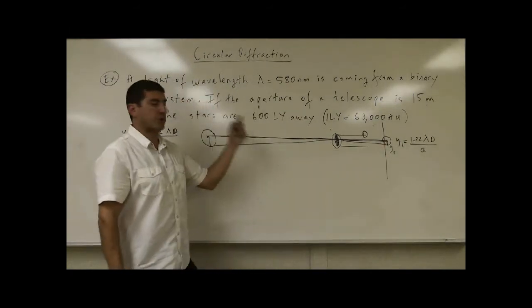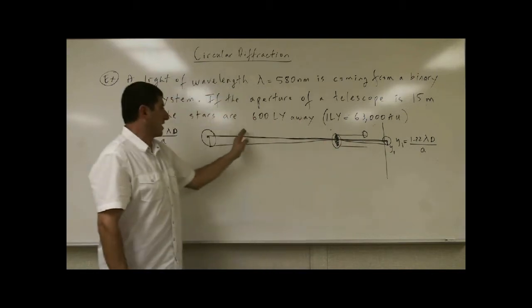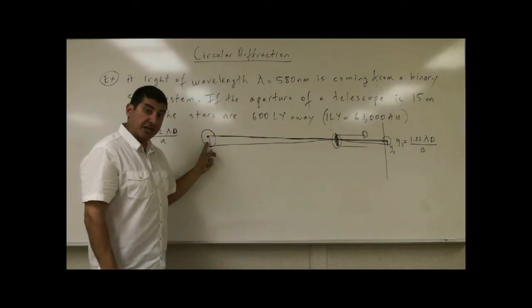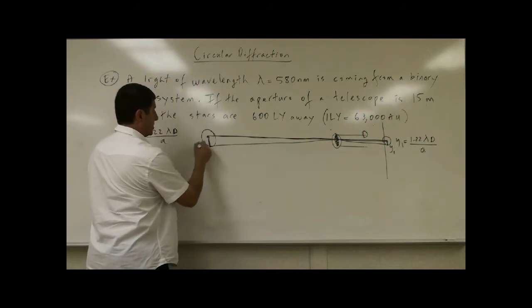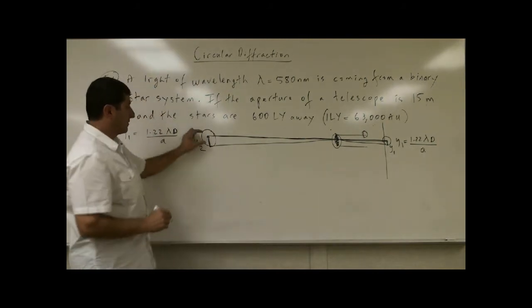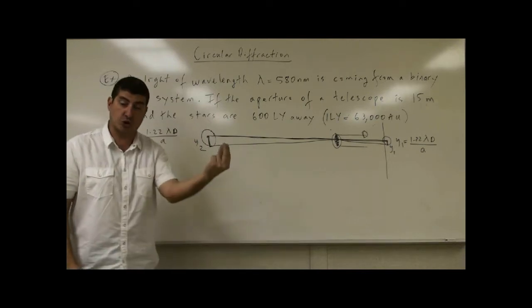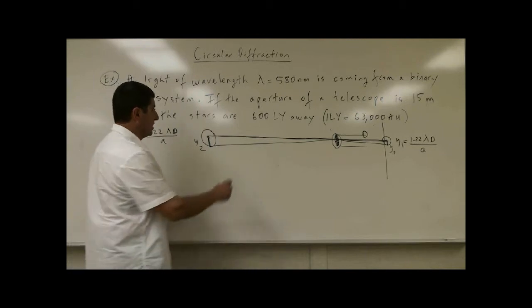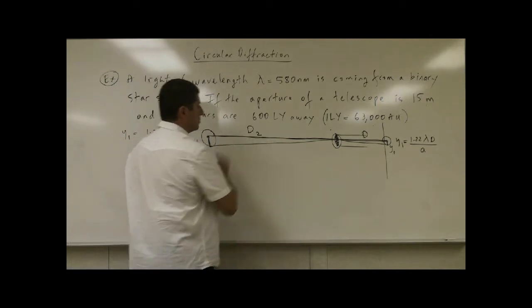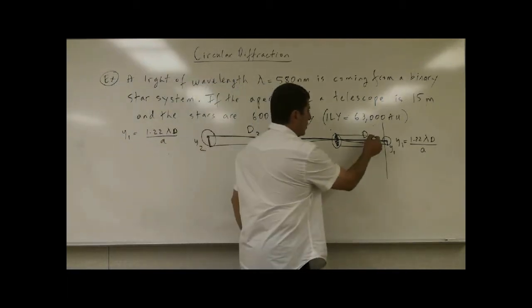In this kind of problem, you now have to talk about the object that you're looking at. We can call this y2, the size of the actual object you're looking at, the star, or it could be some light source. And then this could be d2, and this could be d1.